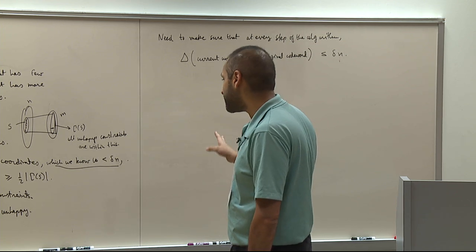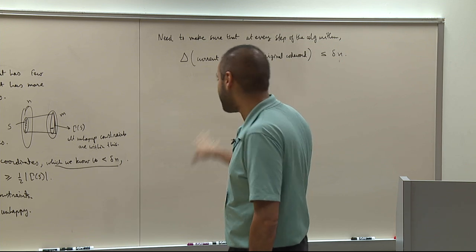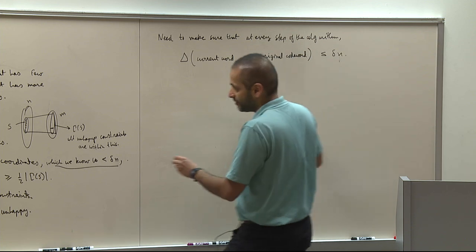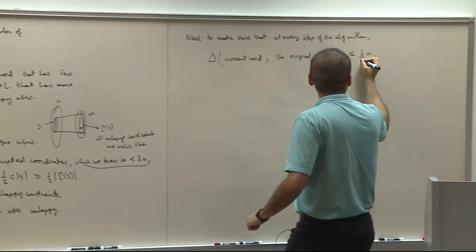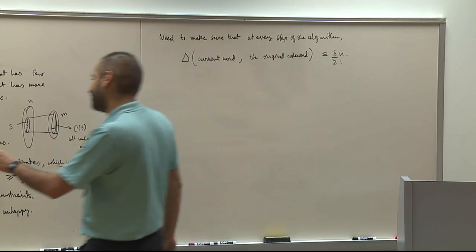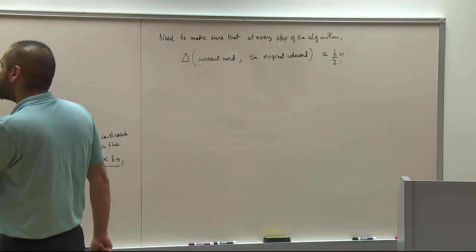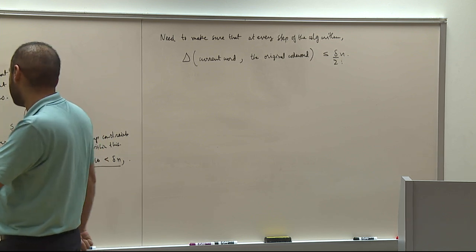We started off with a word which we know is close, so we're going to maintain that property. This is going to be a little bit smaller, so let's start at half. Yes, I cheated somewhere. We started with some received word, and I needed to say how close it was to the code word.